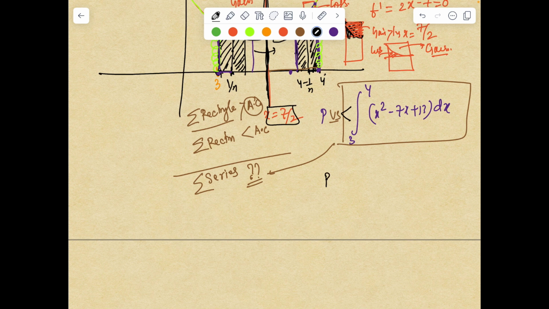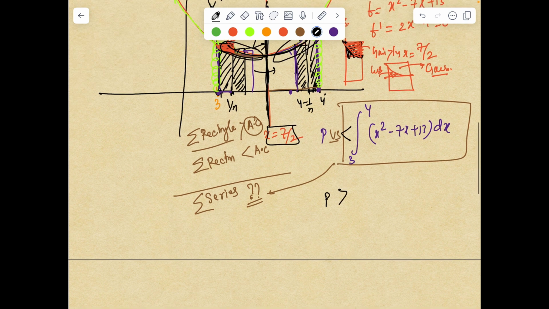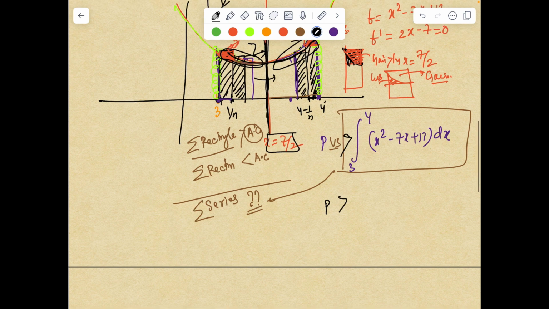So I hope you got this. So p will be greater than, in fact the integration will be less than, because the gain is more, so overall the integration value will be more. So since the gain is more, the overall sum of the area of rectangles, which is p, will be more than this integral value, and that integration value is already known in the question, right?